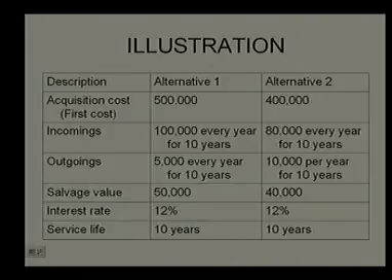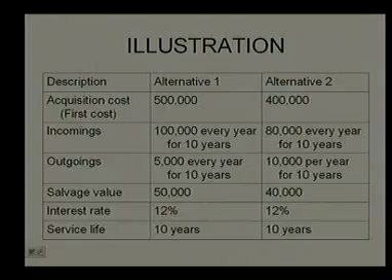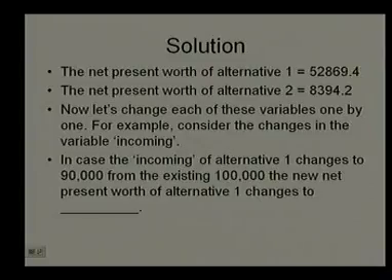But for this particular problem, try doing it using net present worth. For alternative 1, you have already calculated the net present worth. It is, I believe, 52,000 something. Now, for alternative 2, you calculate the net present worth. I have made the calculations for you. If you see the first two lines, it is giving you the net present worth of alternative 1 as well as alternative 2.